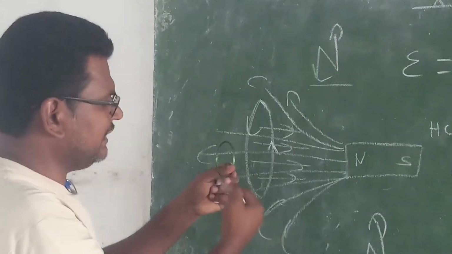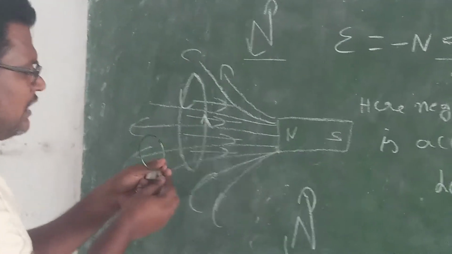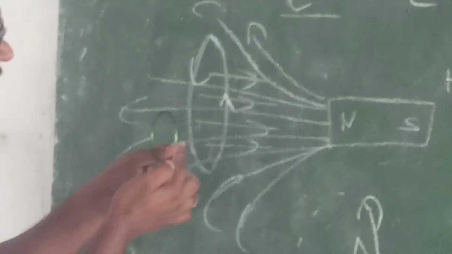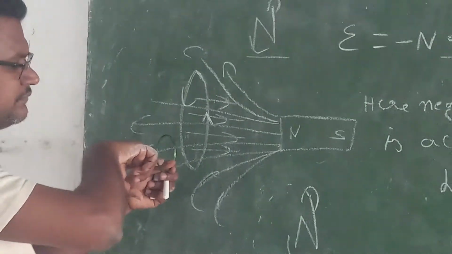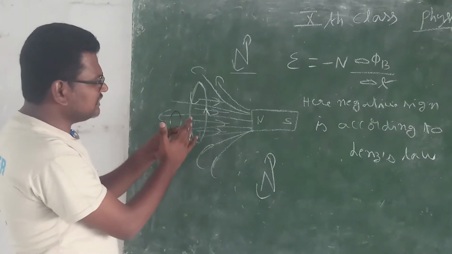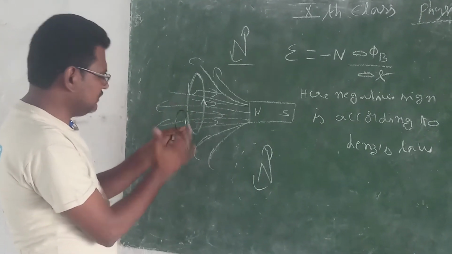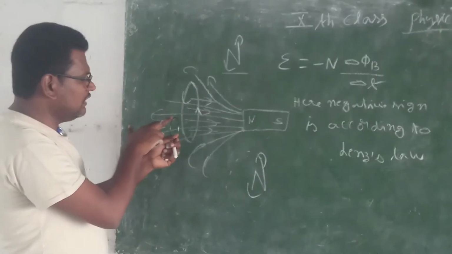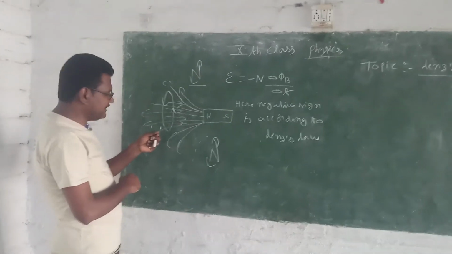In this case, the current is flowing in this direction, and the magnetic field lines come out from this side and enter into this side. That means this surface of the coil acts as a north pole of a magnet, and this surface of the coil acts as a south pole of a magnet.